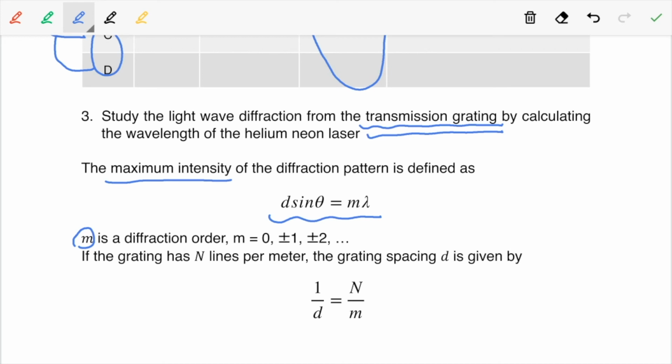Then we talk about the transmission grating. In part one, there is only one slit on the board. In part two, there are two slits on the board. When I draw this, it means a slit.